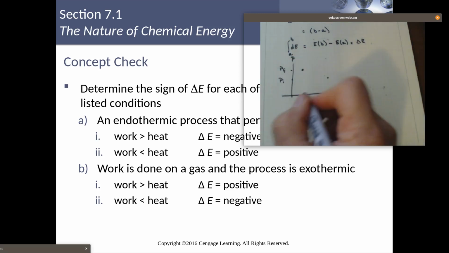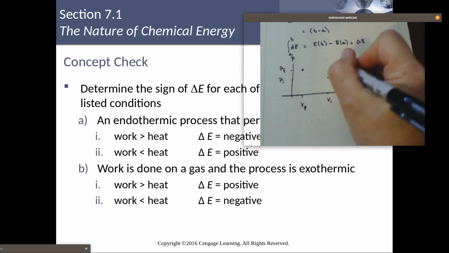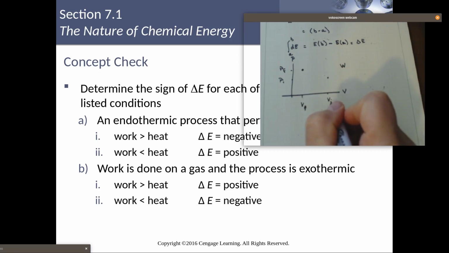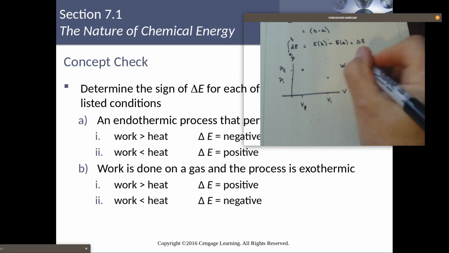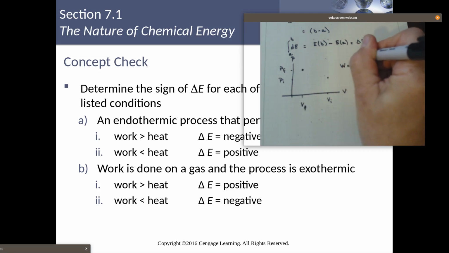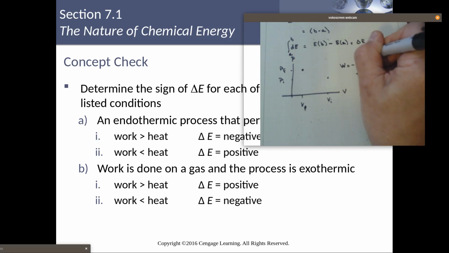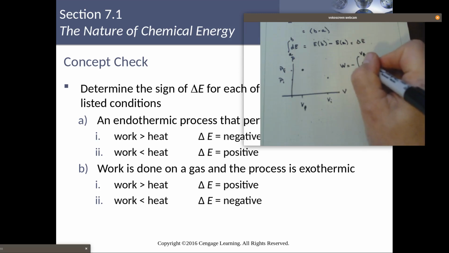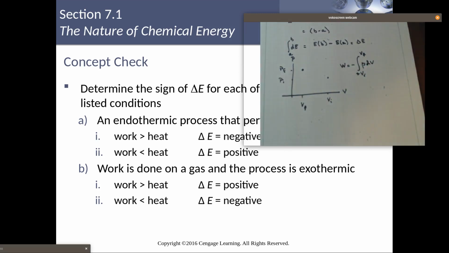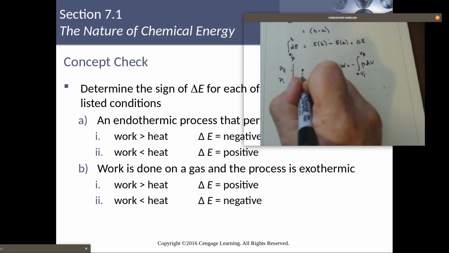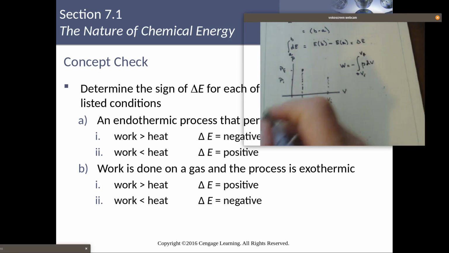The work in going from an initial to final is going to be some sort of integral, V initial to V final, of the pressure dV. It's an integral that would look like this. Now this is the area that's underneath this curve. Okay, this represents the area.